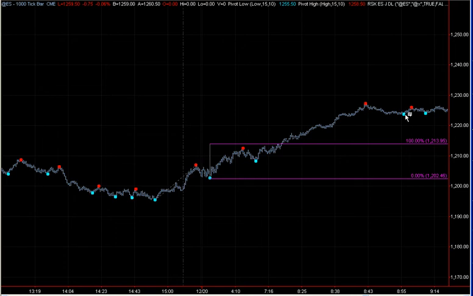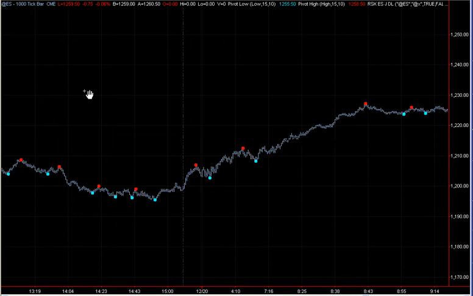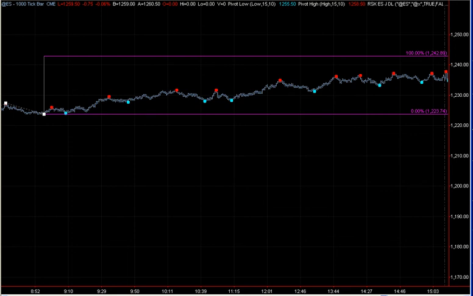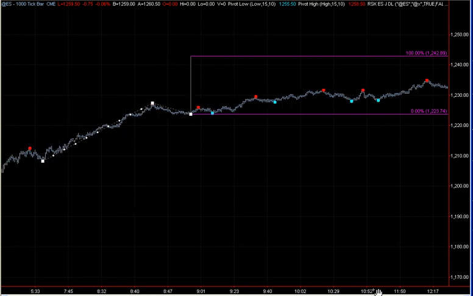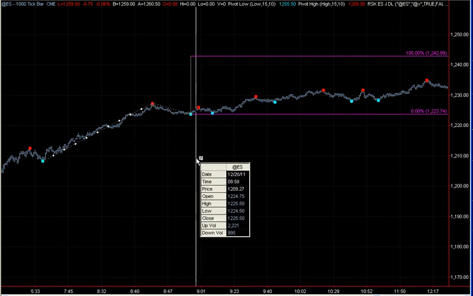So now let's draw that manually and then draw it automatically. Here's A, here's B, and here's C. The automated tool, all we need to do is click a couple of bars past C, and it's automatically drawn for us exactly where the lines need to be.